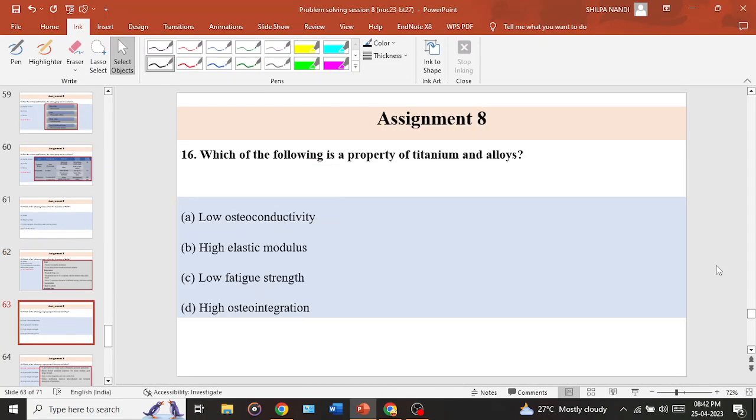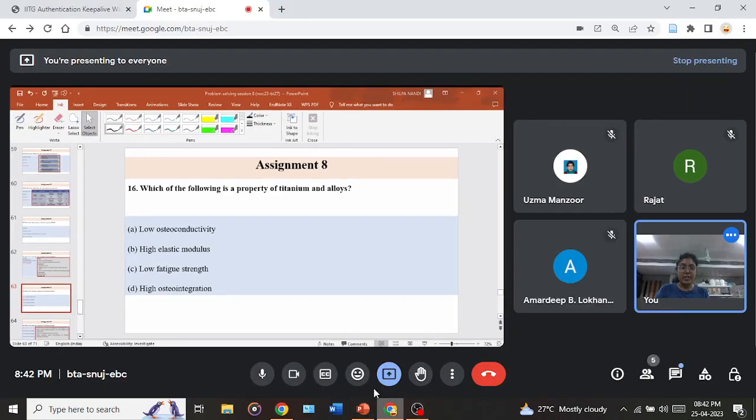We have the next question, that is question number 16. Which of the following is a property of titanium and alloys? So why do we use titanium and alloys in case of dental applications or even in case of orthopedics, right?